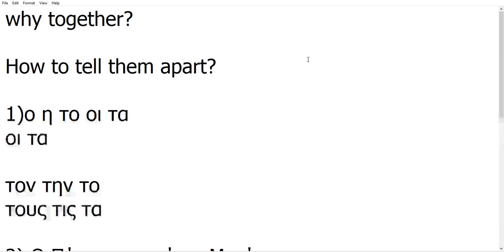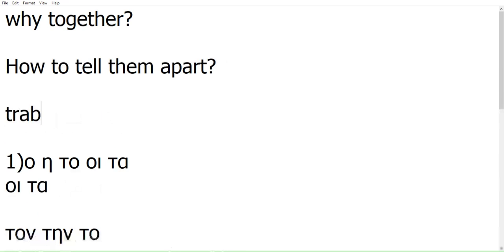Now, how to tell them apart? I will start giving you examples of phrases with what we call transitive verbs. Yeah? Transitive verbs. Now, these are verbs where somebody performs an action, and this action has an effect on something else.